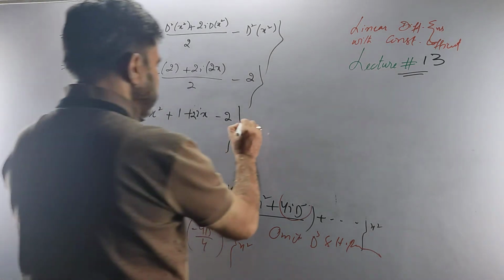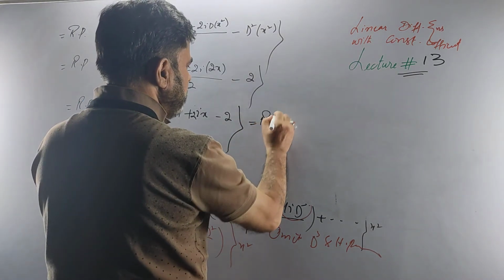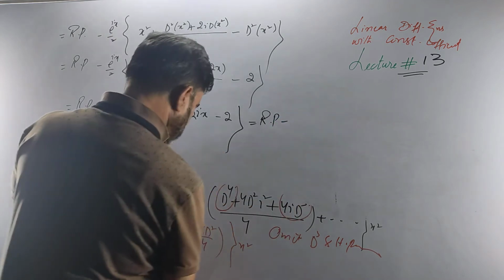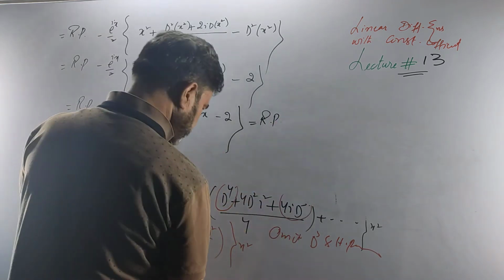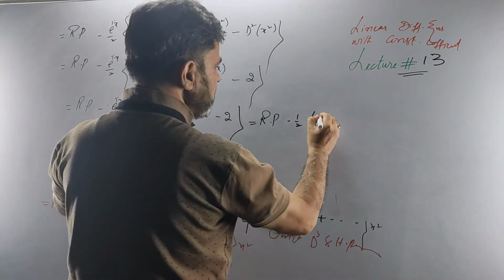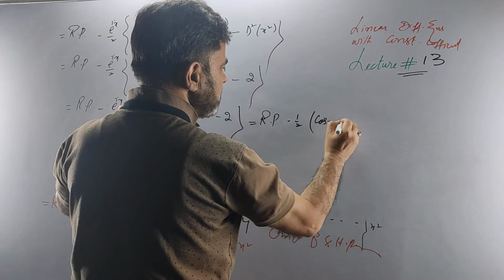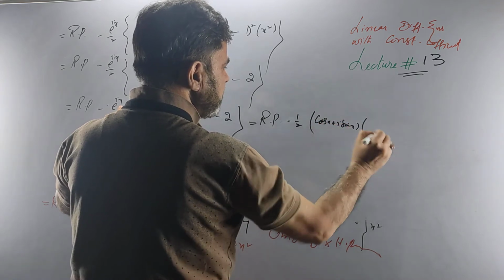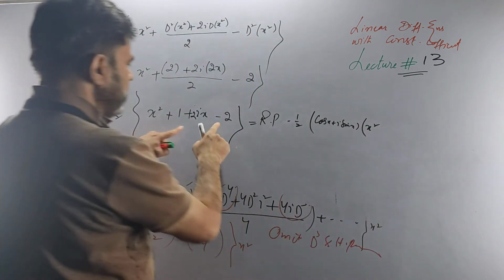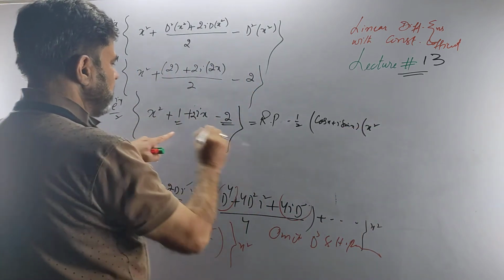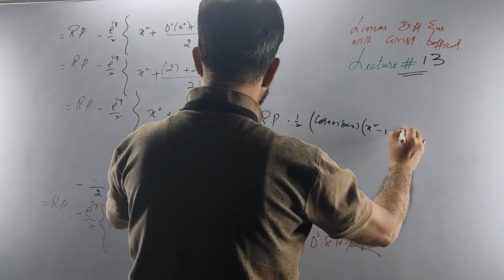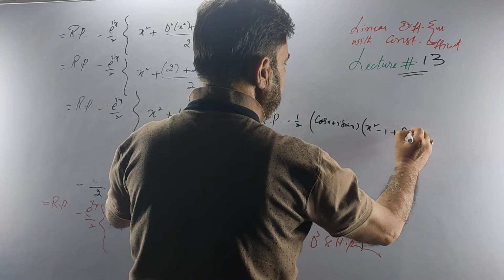Now you can write it as a real part of minus 1 by 2, open now, e raised power iota x, cos x plus iota sin x, into x square, this is minus 2 plus 1, it is minus 1, then plus 2x iota.